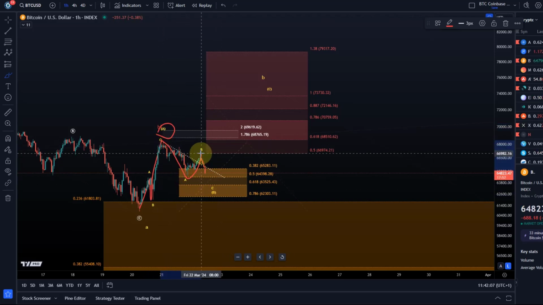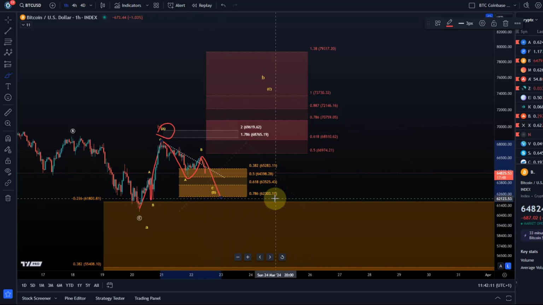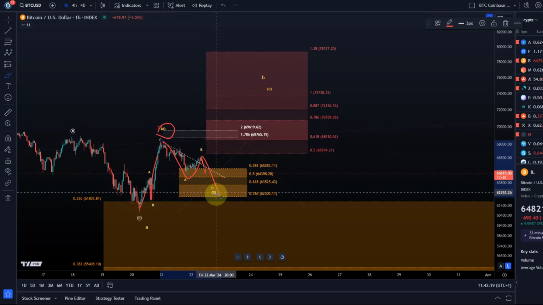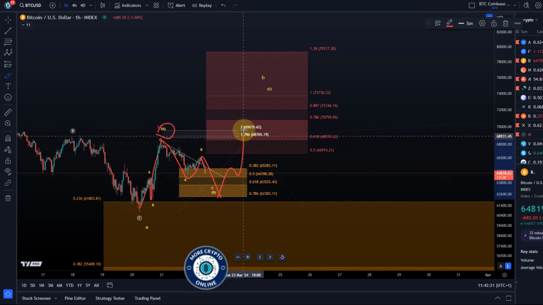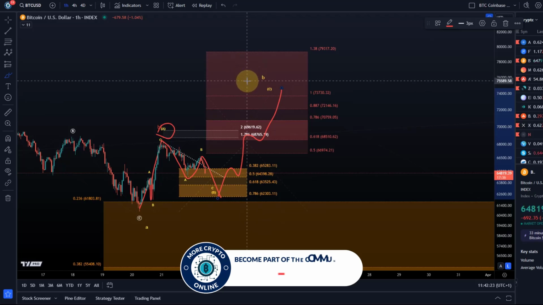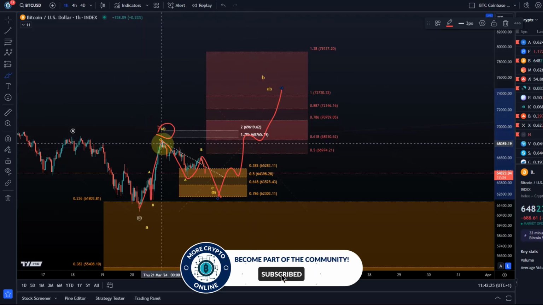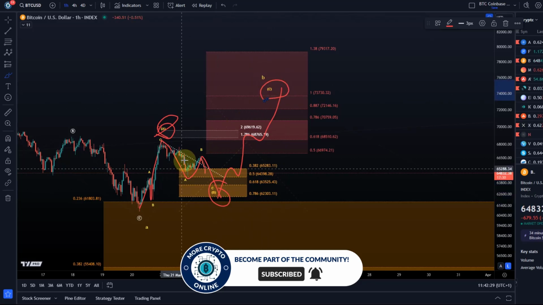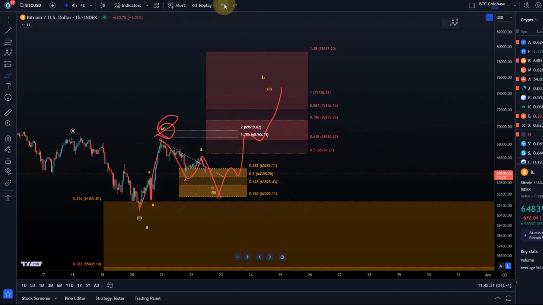A, B, C. And then as long as we don't sustain below 62,300, which is the 78.6 fib level of this initial move up, I would still like to see a move up in 5 waves in wave C of the larger B wave. So A, B, C. This is the short-term bullish scenario.